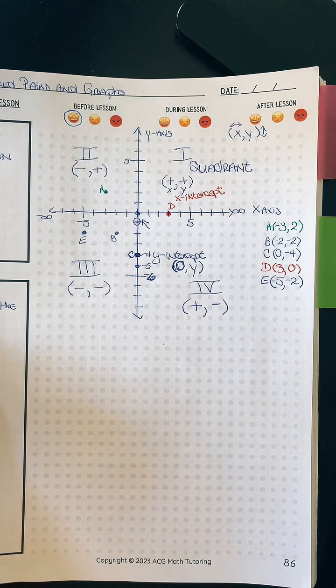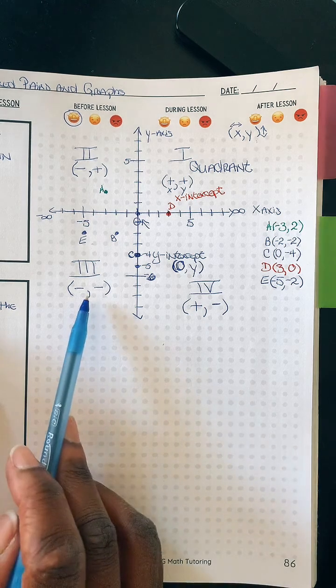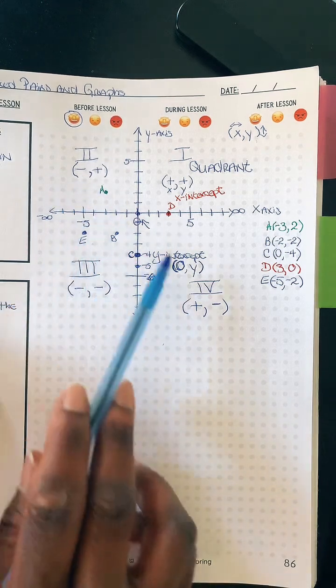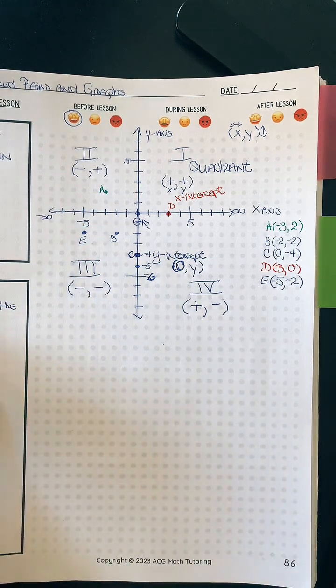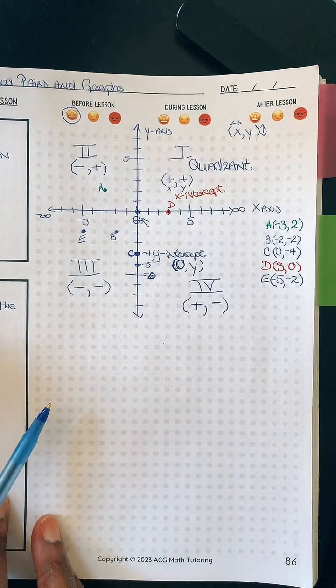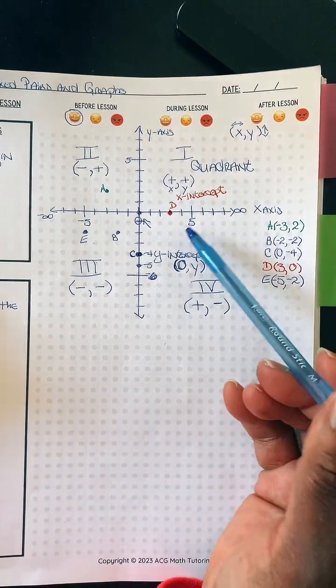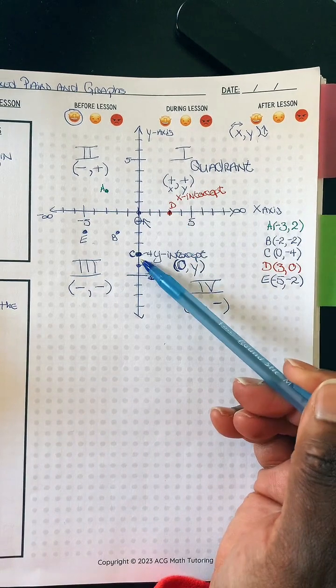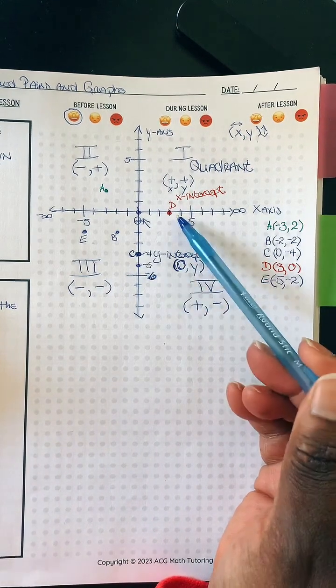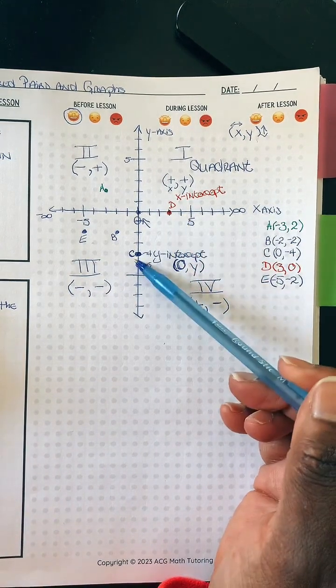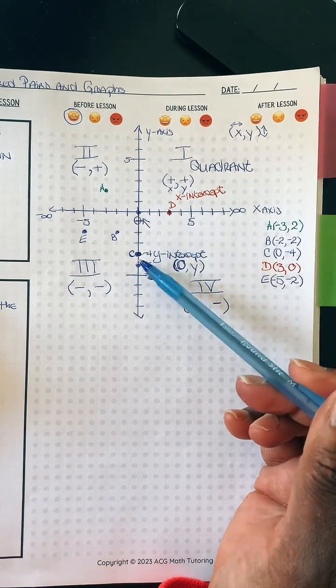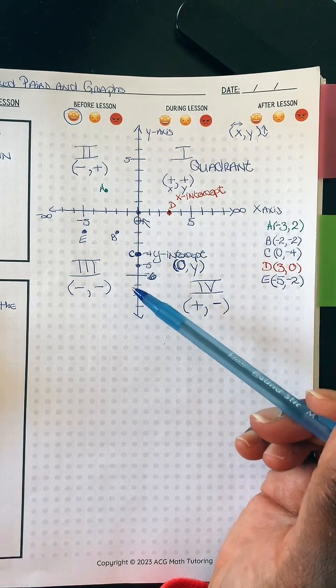All right, plotting points, relatively not too strenuous, but some people generally get the second and the fourth quadrant mixed up. Now, here's a couple questions I want to ask you. Point D and point C: are they inside a quadrant, or are they on a line?